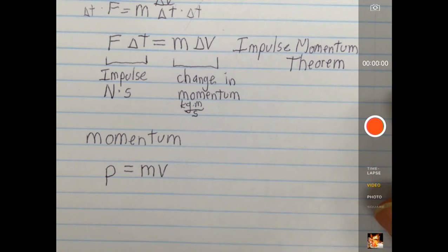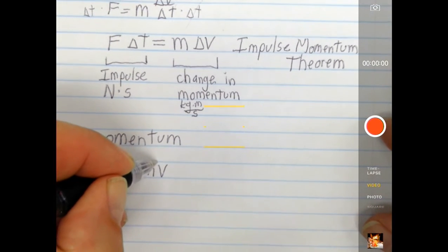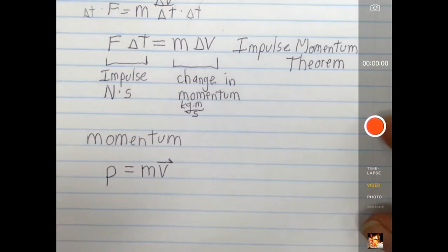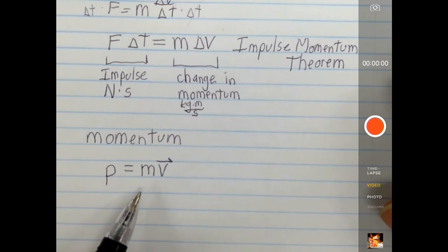Because velocity is a vector, something that has both magnitude and direction, I'm going to remind you that it's a vector by writing the little vector arrow above the velocity variable. Mass is a scalar. There's no direction to 10 kilograms, it's just 10 kilograms.